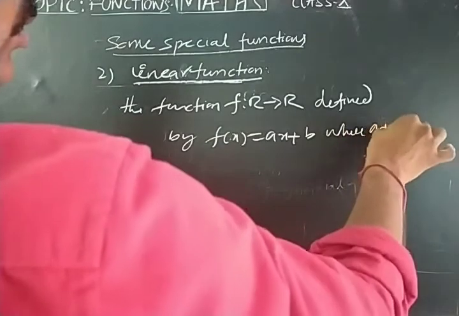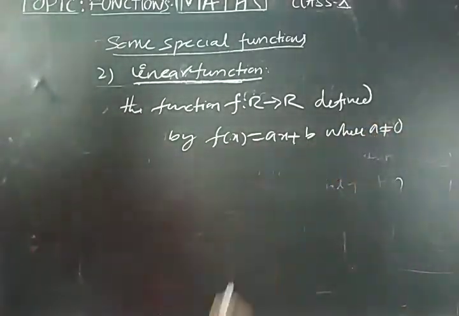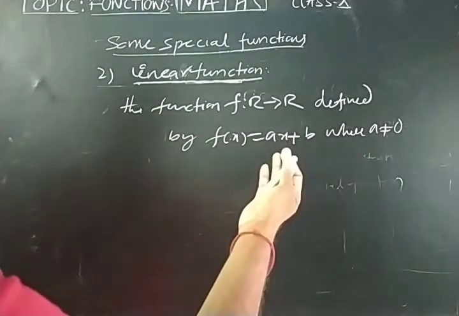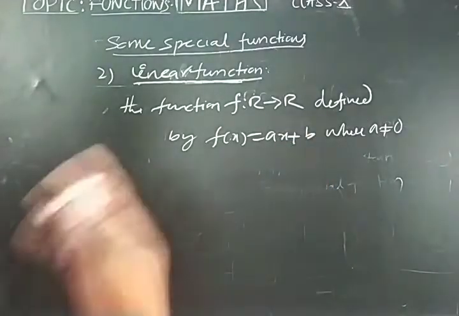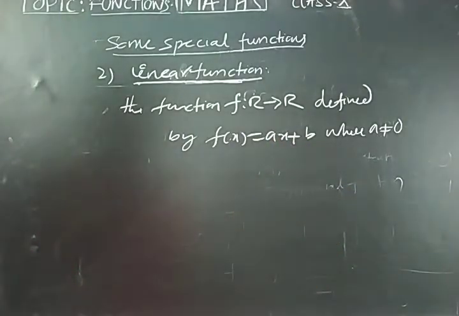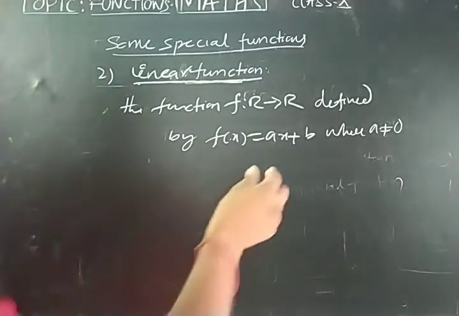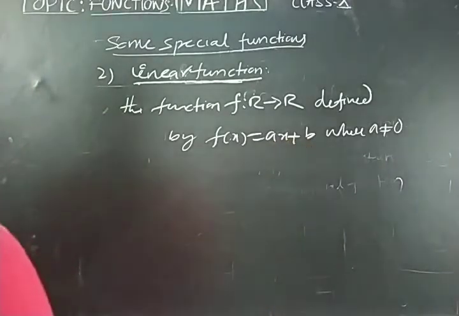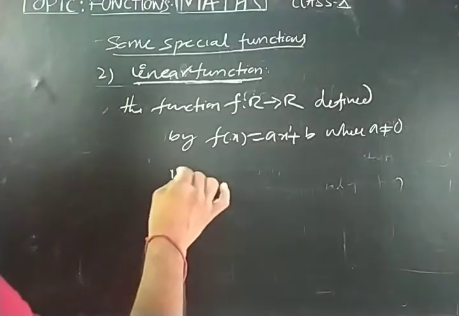A, b are constants, a should not be 0. If a is 0, x will be eliminated. At that time you will get only a constant. That is called a constant function. Already we studied. So this is a linear function. Why? Because here x power is 1. If x power is 1, then the function is known as a linear function.